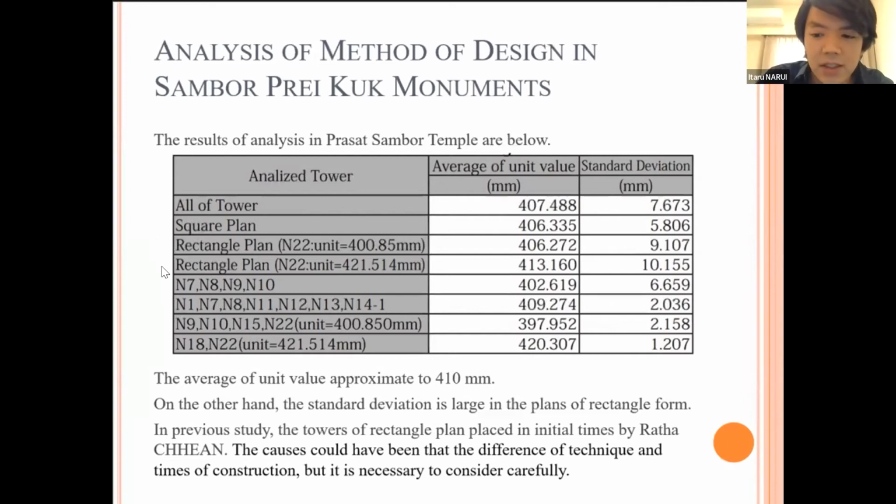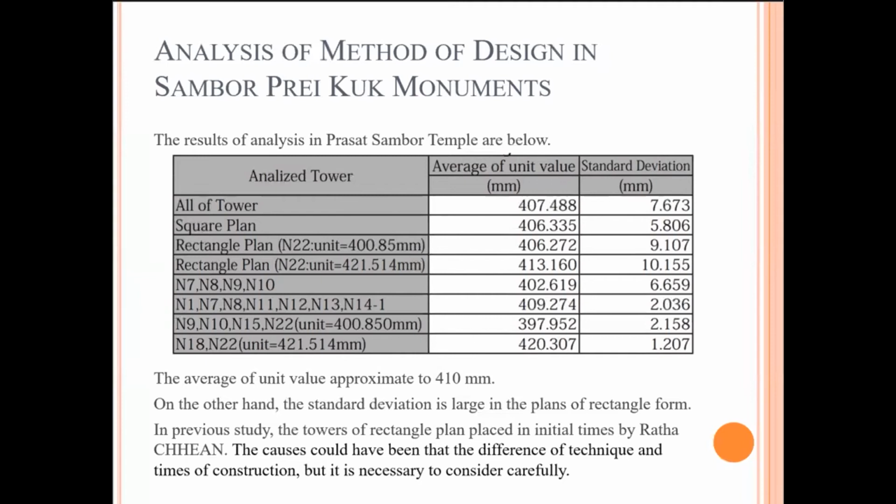In previous studies, the towers of rectangle plan were placed in the initial times of the period. The causes could have been the difference of technique and times of construction, but it is necessary to consider carefully.